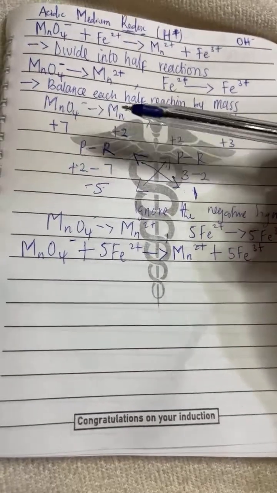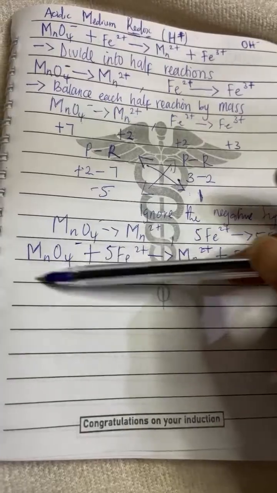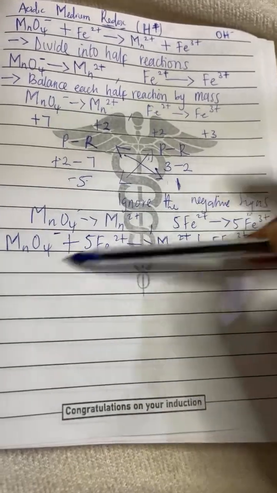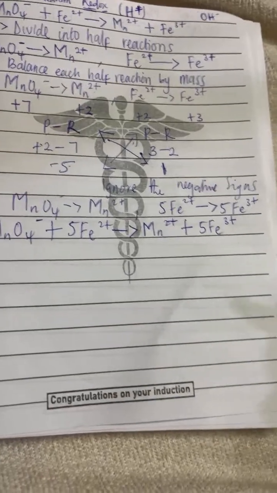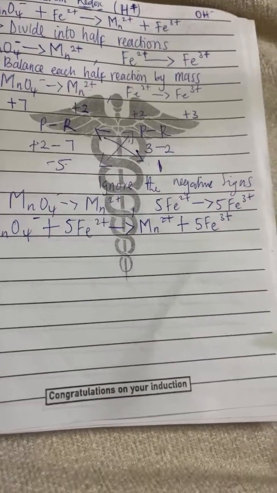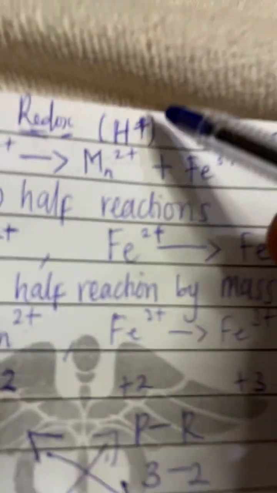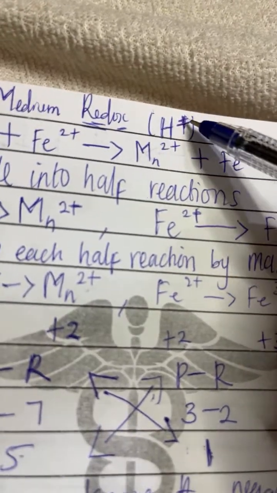But now, the one we want to calculate is general: the whole of the reactant side, the whole of the product side. We want to see the differences in the oxidation number and how we can balance them by adding our hydrogen ion, right? Because it is an acidic medium.